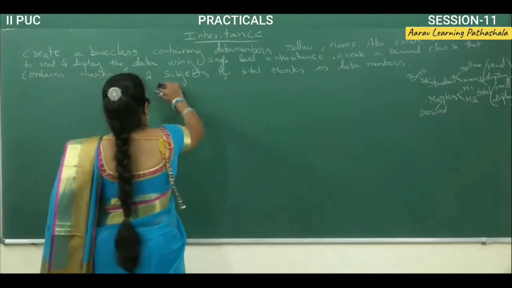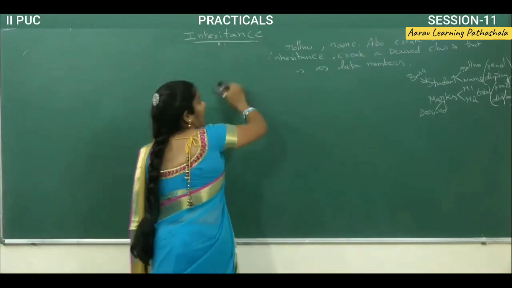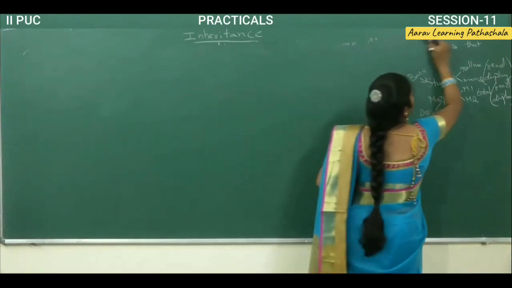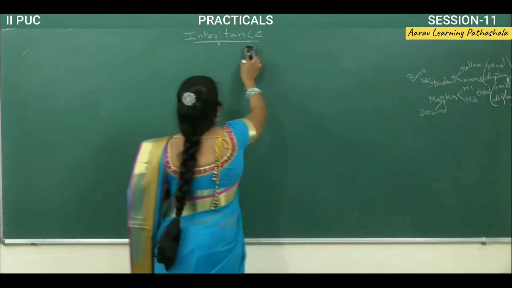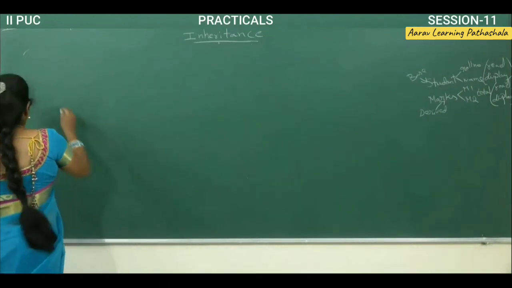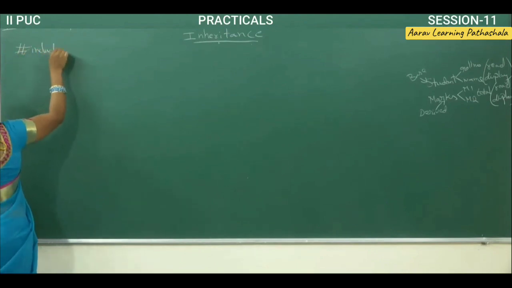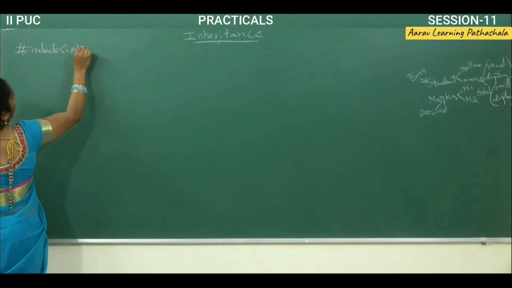Now we will explain this program one by one, how to create the base class as well as the derived class. First, as usual, we start with the header file: include iostream.h.